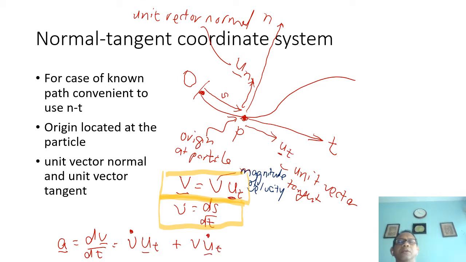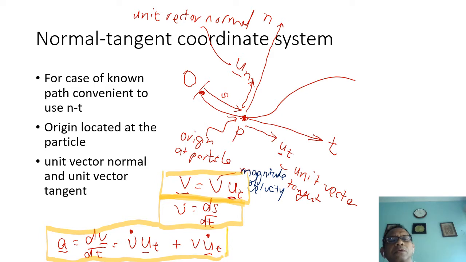Now it's not normally done this way, but we have to look at what is the meaning of du over dt. So we'll spend some time on du over dt.